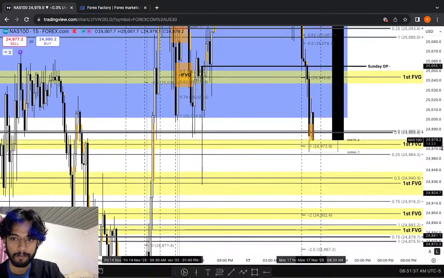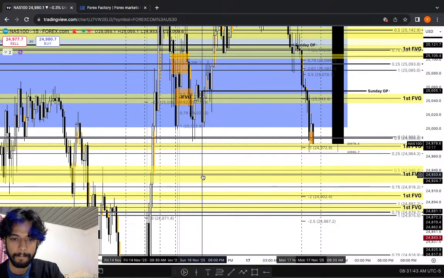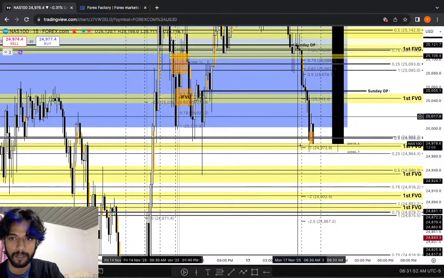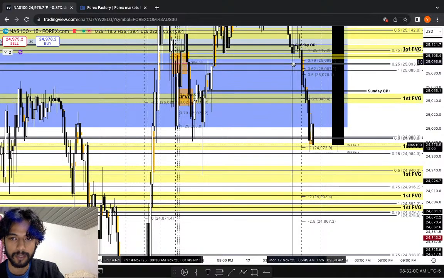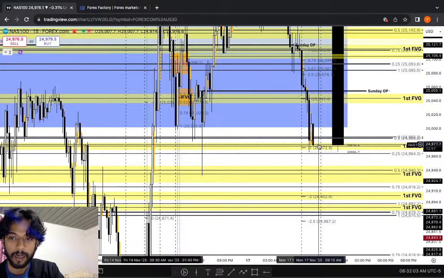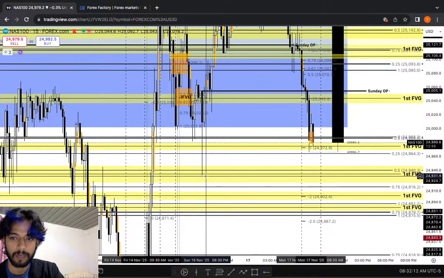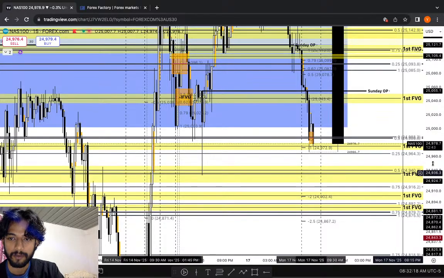Okay, so now we have this low right here, and this is the -2 standard deviation, which means 2 standard deviations away from that opening range, New York opening between 7 to 7:30. I've just marked the highest high and lowest low inside that 30 minutes interval, and I have just used the standard deviations -1 and -2 and -2.5. But this low, we can definitely come down and take them out. This is inside these first presentations.